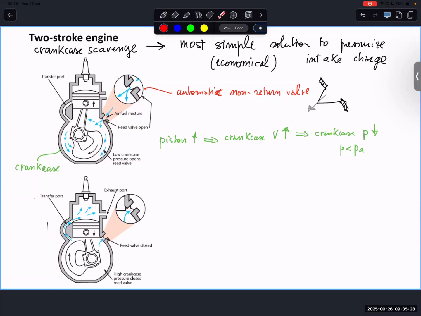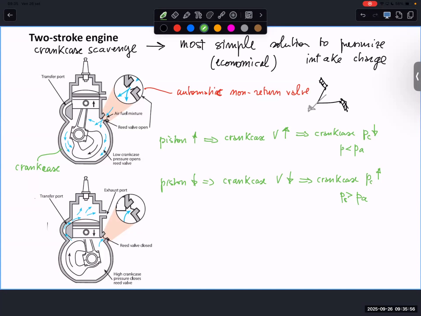When the piston is going down, the crankcase volume reduces, the crankcase pressure increases, and the pressure of the crankcase, let's call this PC to distinguish, will be higher than the ambient pressure. So here you reduce the volume.